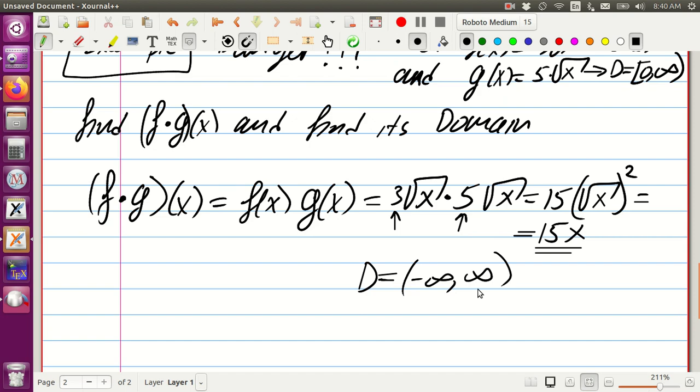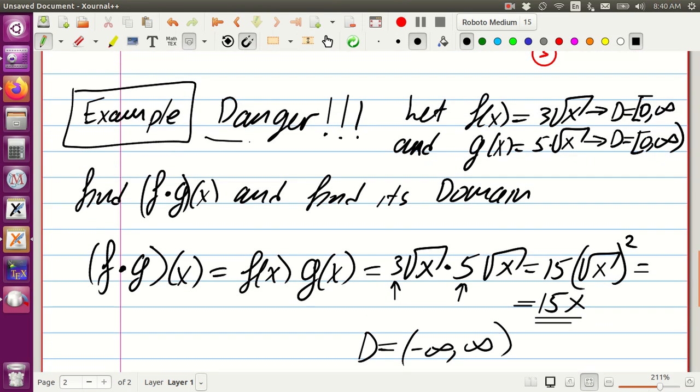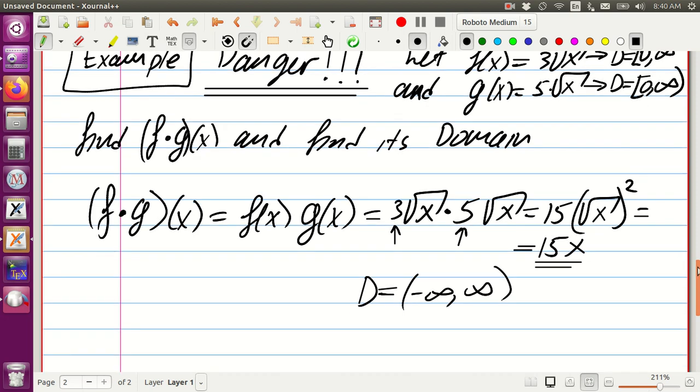Now this seems like an easy exercise, but remember the word was danger. I did something wrong over here. Let's try to figure out what I did wrong. According to the definition, the domain of the product is the intersection of the domains. And the domain for the first function was from 0 to infinity. And the domain for the second function, for the g of x, was from 0 to infinity.